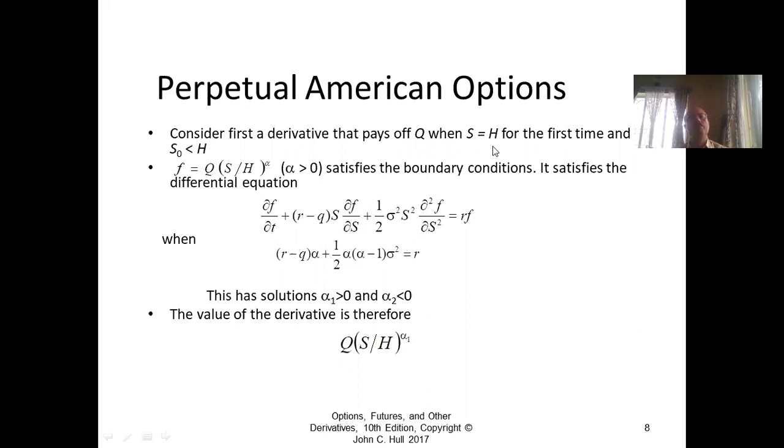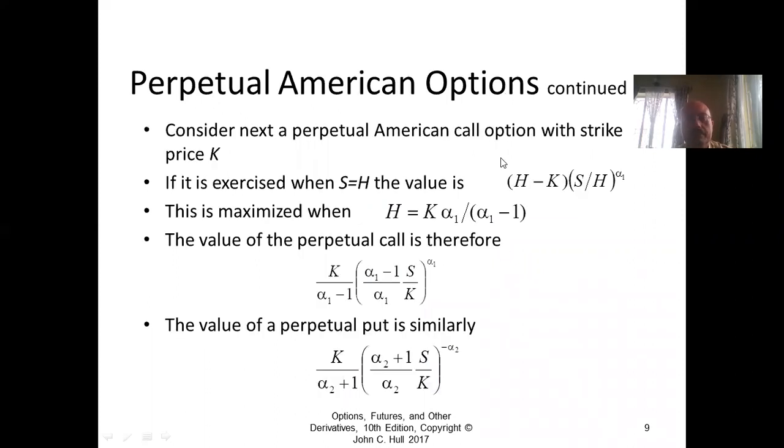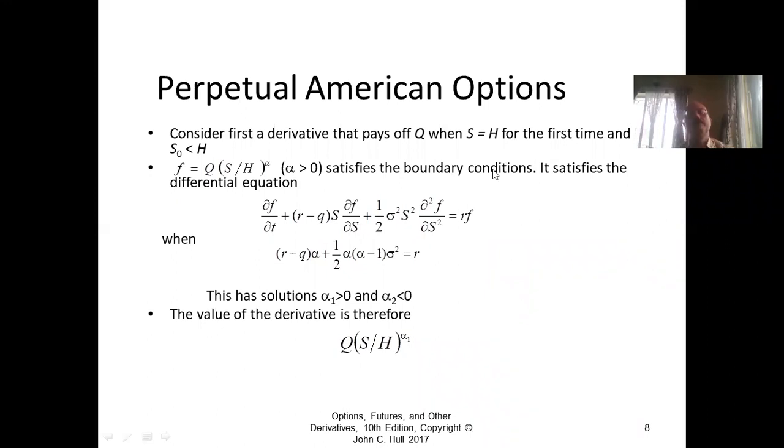So it is called a perpetual American option because the expiry date is not fixed. It is stochastic. And then the details are here for the pricing, but we will not get into that because it will require the continuous time modeling strategy that we are going to discuss later on. So we'll come back here. But it is good to understand that options need not have a fixed timeline, fixed expiry date.